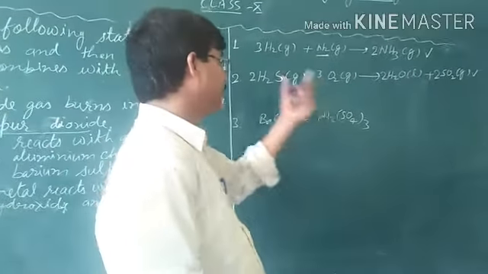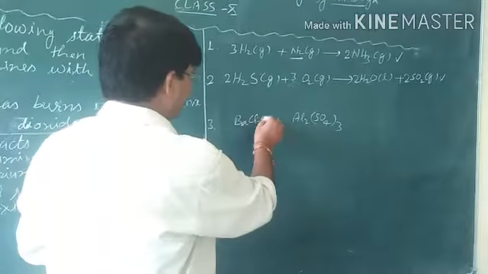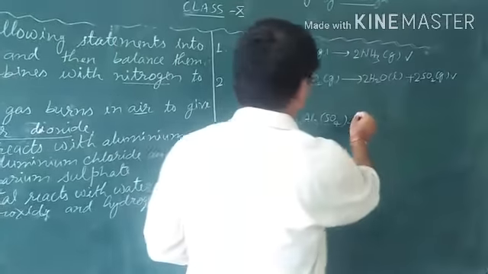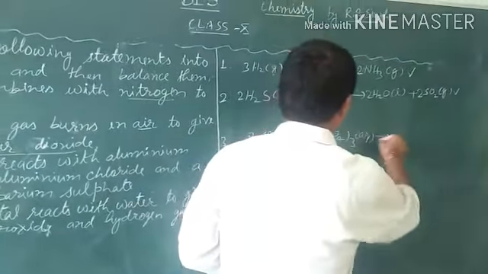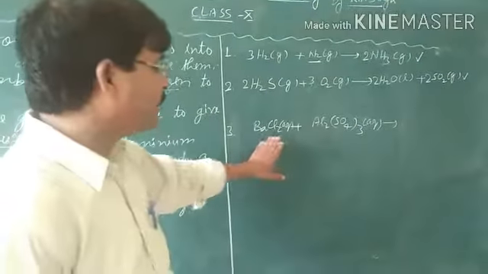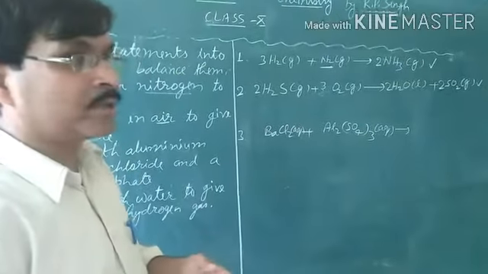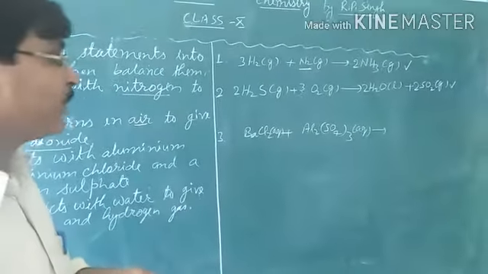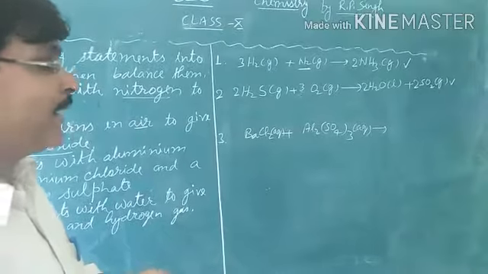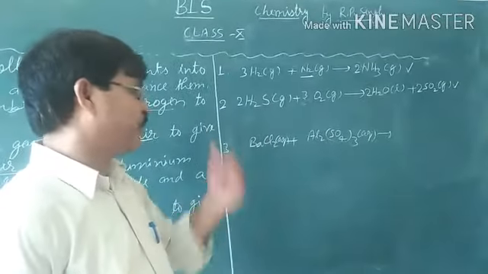This is aluminum sulfate. We will write aqueous in the bracket, because both these compounds are solids, so they will not react with each other in solid form. So we will change them into aqueous form.